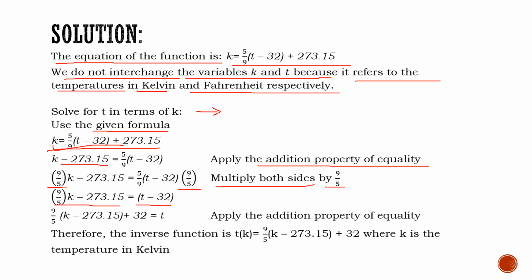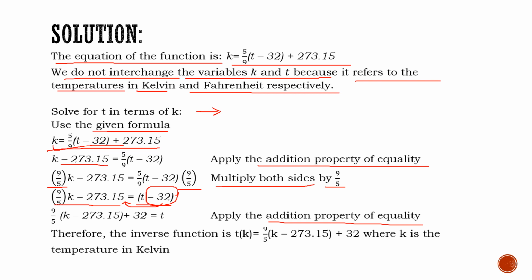Next, we apply again the addition property of equality to get the value of T in terms of K, or the function of T with respect to K. We simply transpose the negative 32 to the other side of the equation, making it positive 32 on the left side.